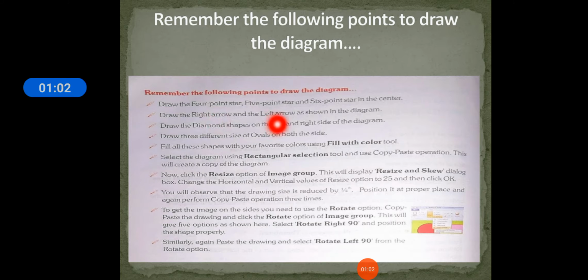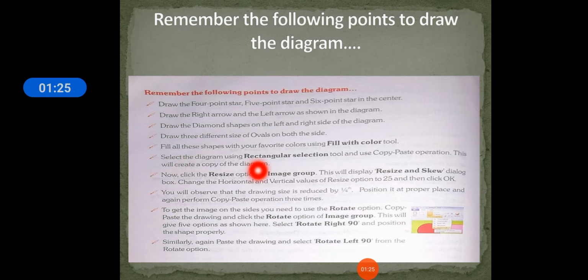Draw the right arrow and the left arrow as shown in the diagram. Draw the diamond shape on the left and right side of the diagram. Draw 3 different sizes of ovals on both the sides. Fill all these shapes with your favorite color using the fill with color tool.